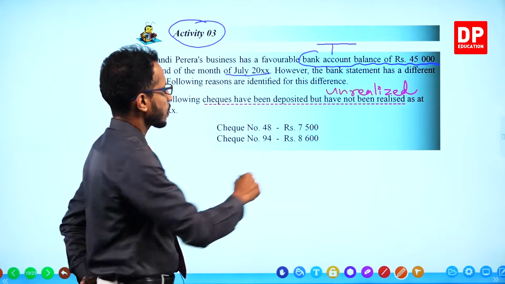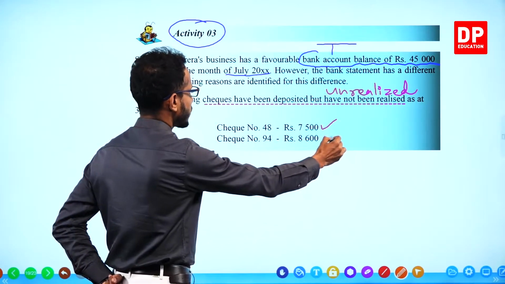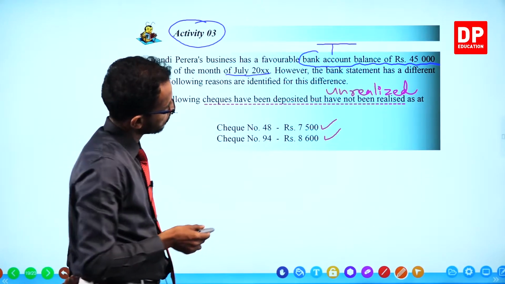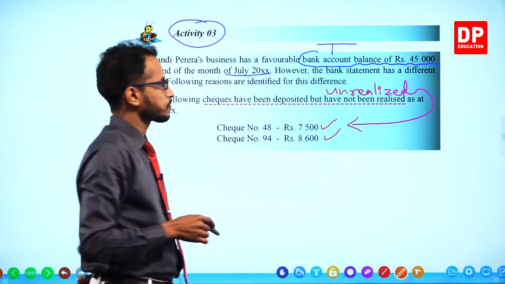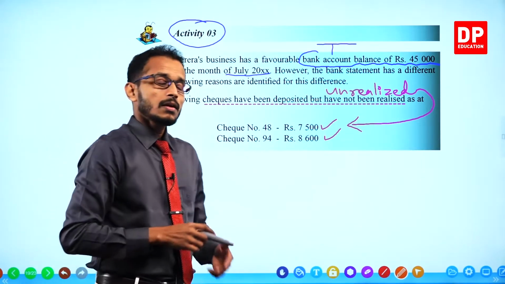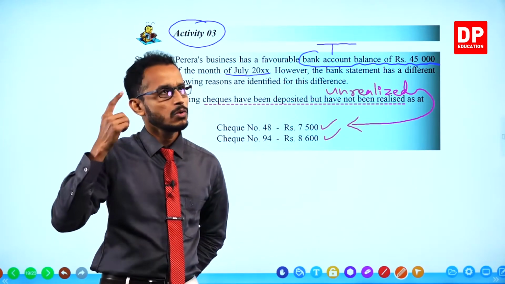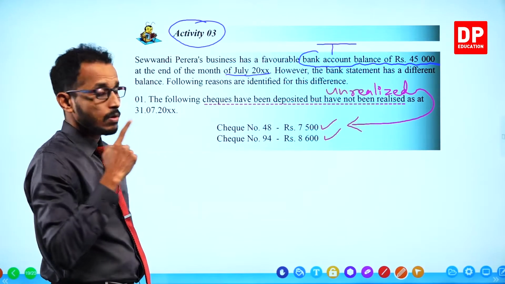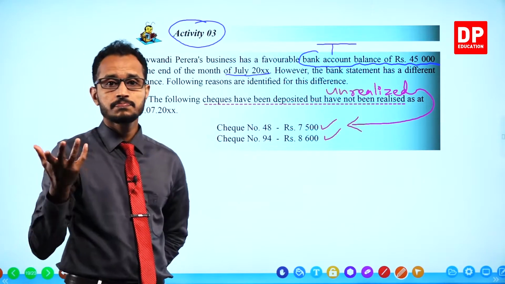Then 7,500 and 8,600, two checks are there, unrealized checks. Now, if you are guessing, where should these be entered?